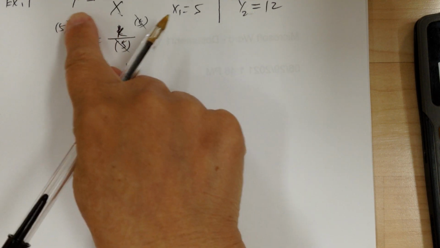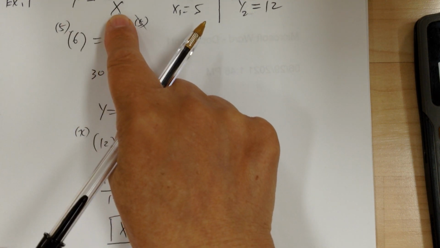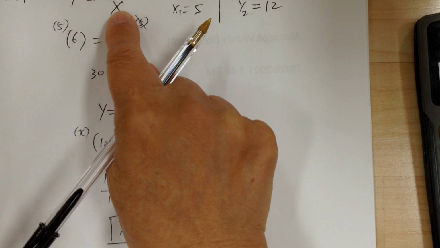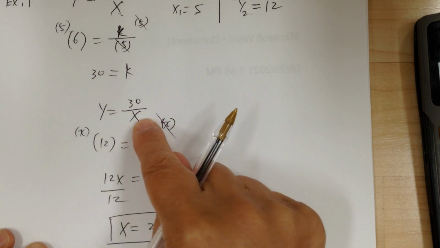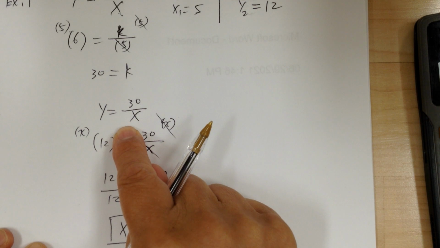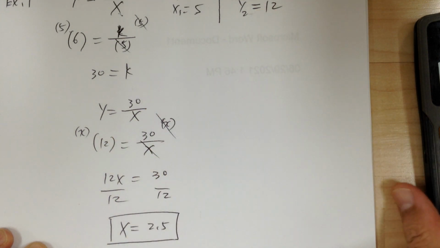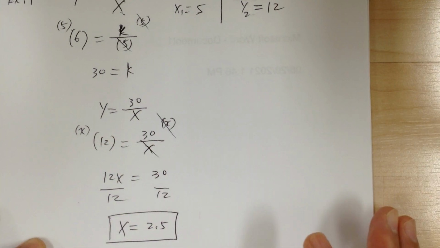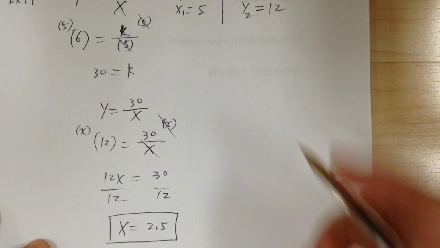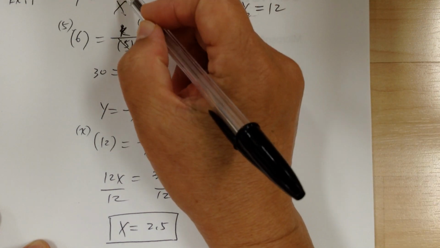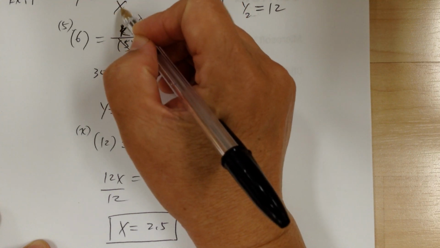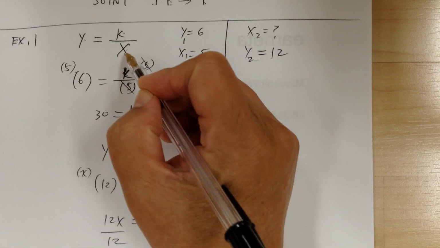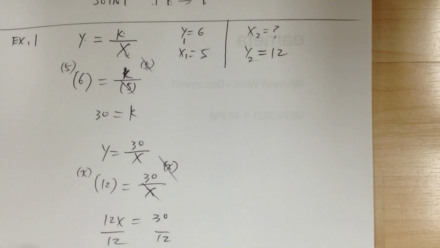Translate, write down the equation. Whenever you see inverse, it goes on the bottom. Then you start to solve for k, update your equation, and use the updated equation to solve. All the steps are exactly the same as direct variation. The only difference is that in inverse variation, the variable goes on the bottom. Whenever you see the inverse, it goes on the bottom.